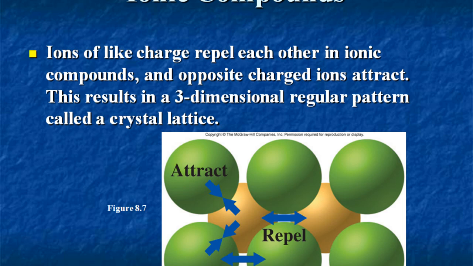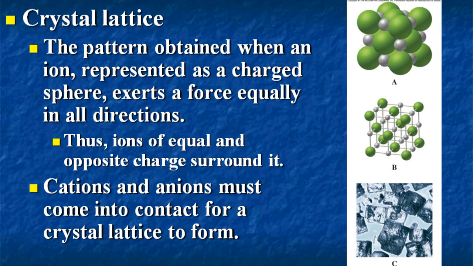And different ionic compounds have different crystal lattices because their charges might be different and sizes might be different. There are two things that come into the picture, the charge and the size. So once again, crystal lattice means the pattern obtained when an ion, represented as a charged sphere in the picture, exerts a force equally in all directions.